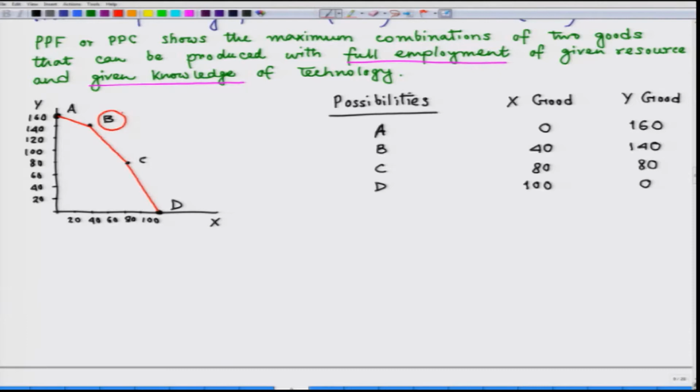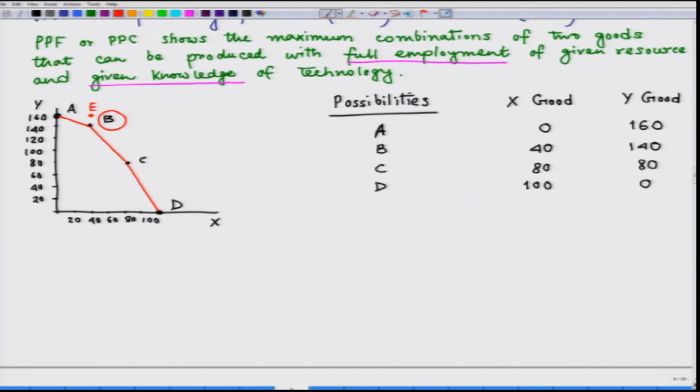So, here the firm is producing 40 units of x and 140 units of y. Now, a point like this, say here, let us call this point E. So, a point like E is infeasible or unattainable.